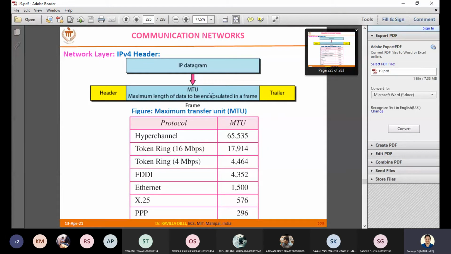The maximum length of the data to be encapsulated in a frame will be equal to 65,535 if it is using a protocol known as hyperchannel. If it is using token ring, then the maximum data that can be within one frame will be equal to 17,914 bytes. Similarly for FDDI, Ethernet, and so on.